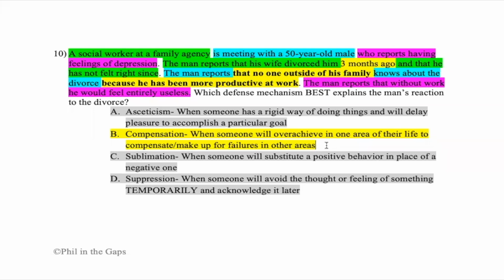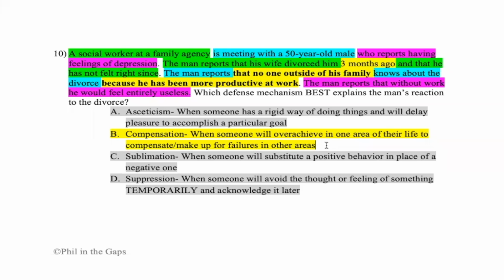So A is ruled out because he does not have a particular goal in mind. C is ruled out because there wasn't a negative behavior that he was exhibiting before. And then D is ruled out because he wasn't suppressing his feelings or thoughts about the divorce temporarily and then acknowledging it later. He's been doing B, compensating for the divorce by being more productive at work.